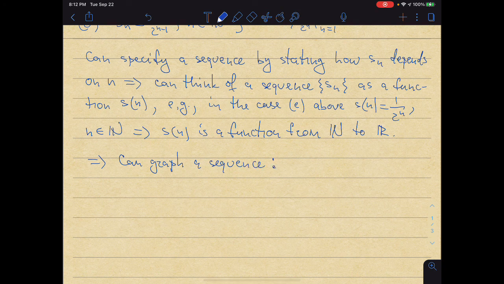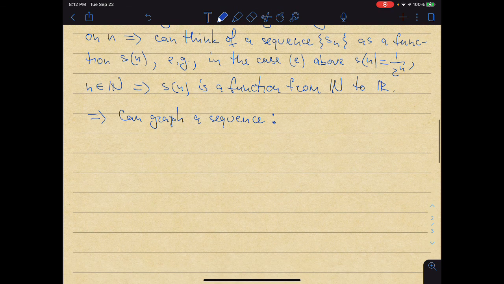How can we do that? So let's use example E again. Let's say Sn is 1 over 2 to the power n, n in N, right? That's case E. And the way to graph it, this function now is defined only on natural numbers.